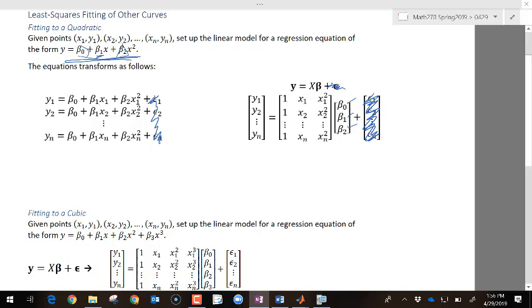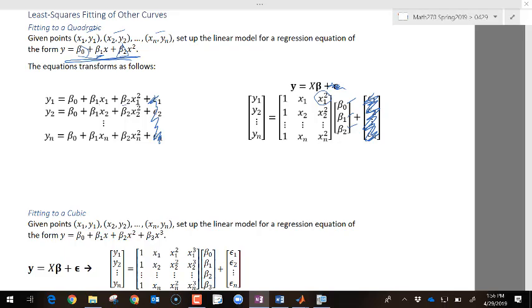Here's the interesting part: your beta 2 is the coefficient of the leading polynomial term, which is going to be x squared. So you need to take your x values from your original data and square each one to produce your third column. Now you have a different design matrix from what we had before.